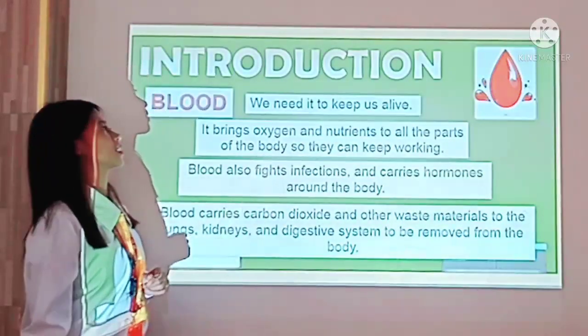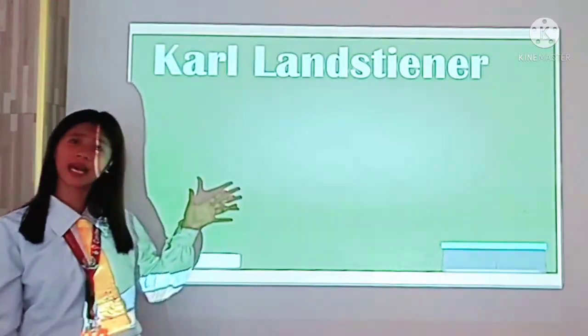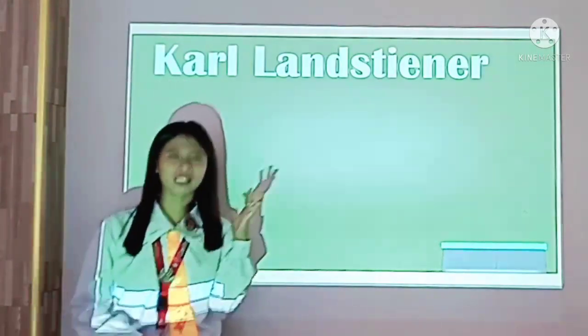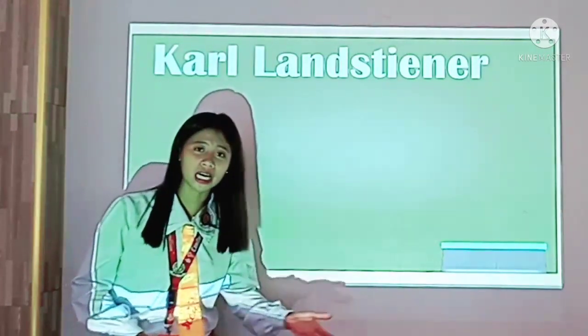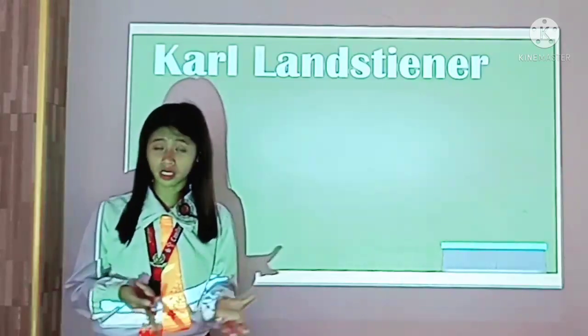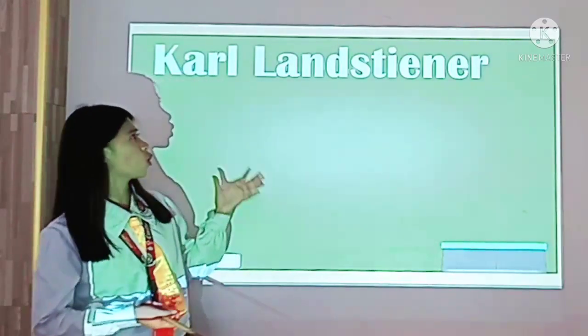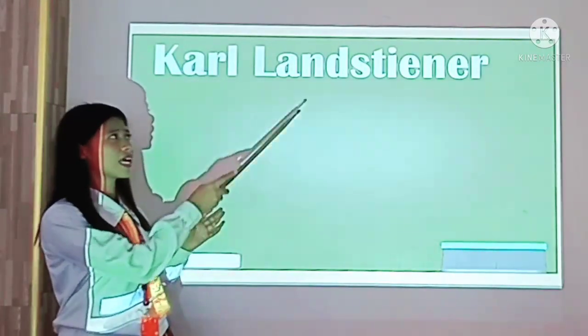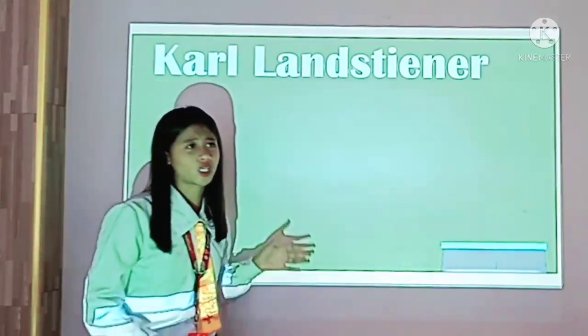Alright, next. Aside from that, of course, before we proceed to the antigens that we are going to discuss later, let us know first who is Karl Landsteiner in our lesson.